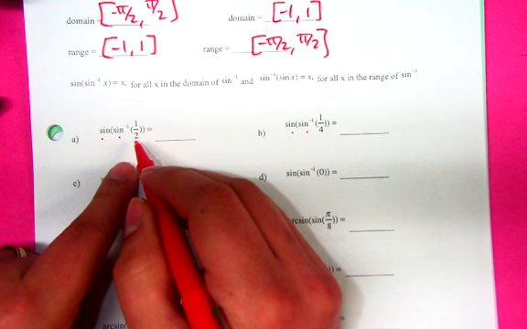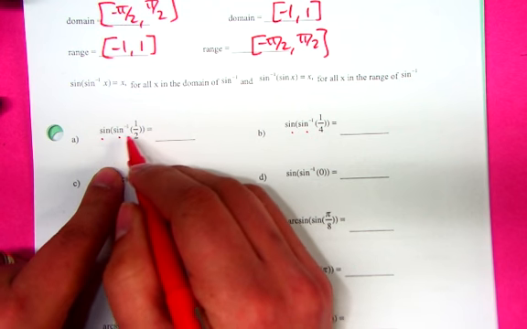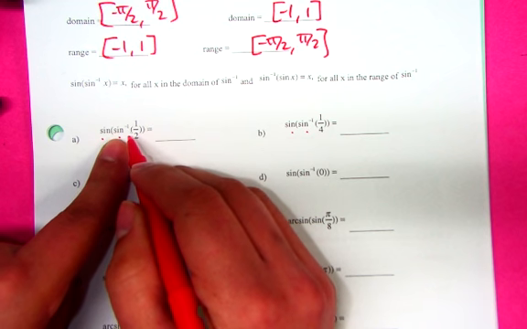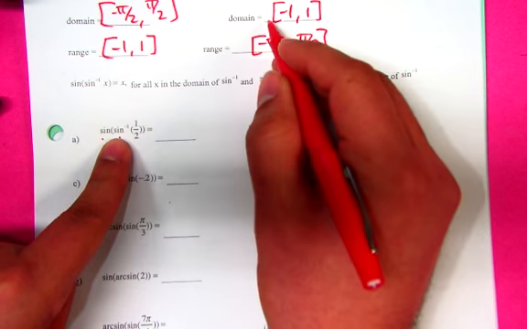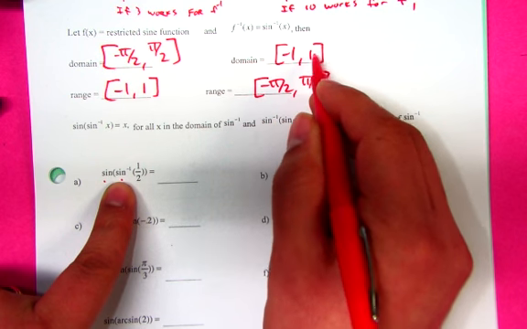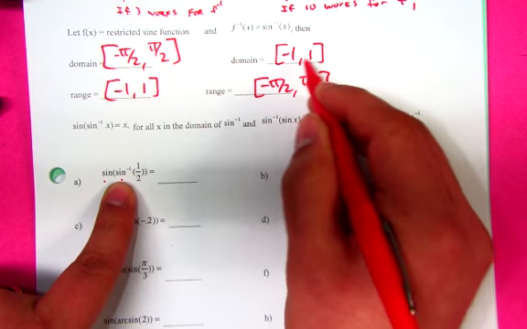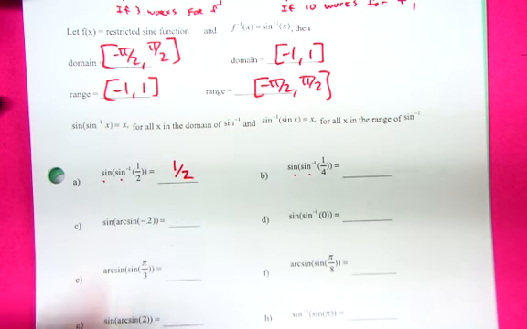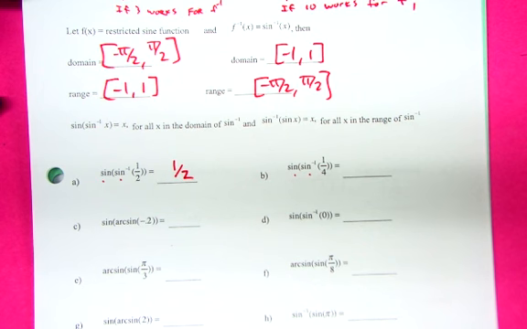Okay? So what kind of function is this on the inside? Inverse of sine. So now what is the domain for inverse sine? -1 to 1. So is 1/2 between these two values? Yes. So that means that we're done. We don't have to do any work. Okay?